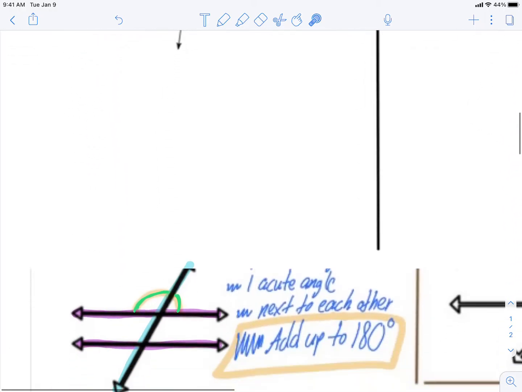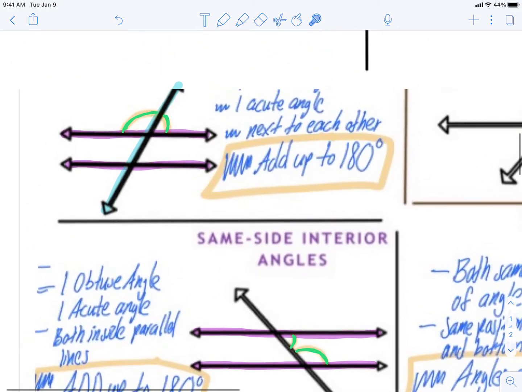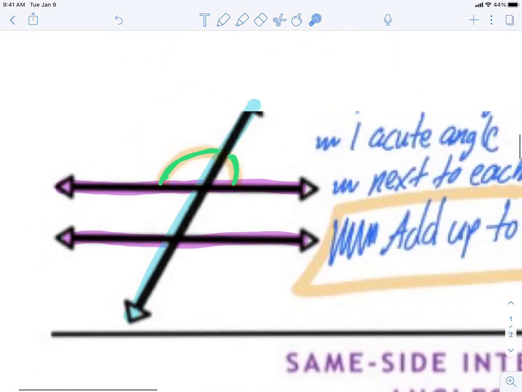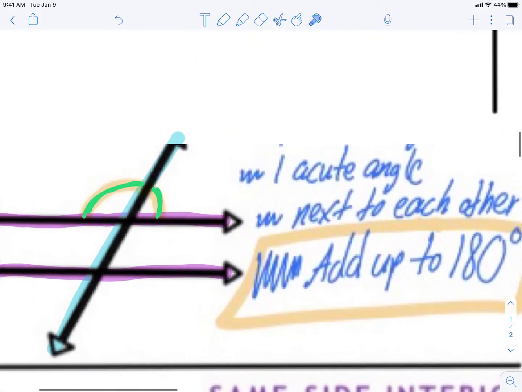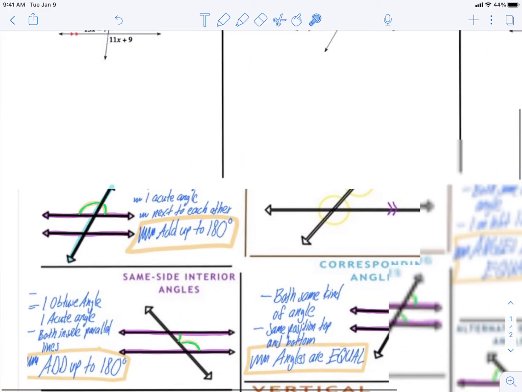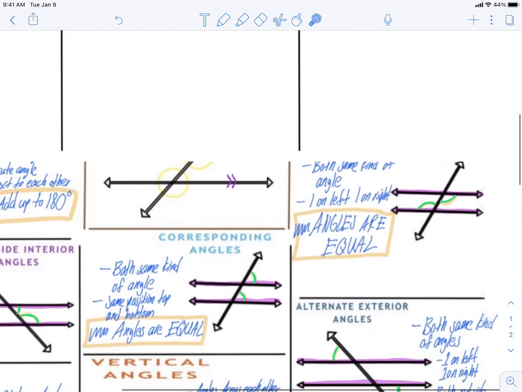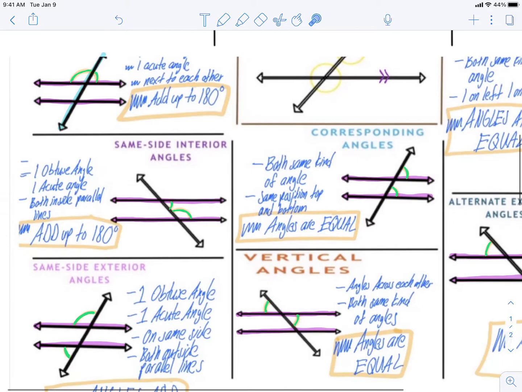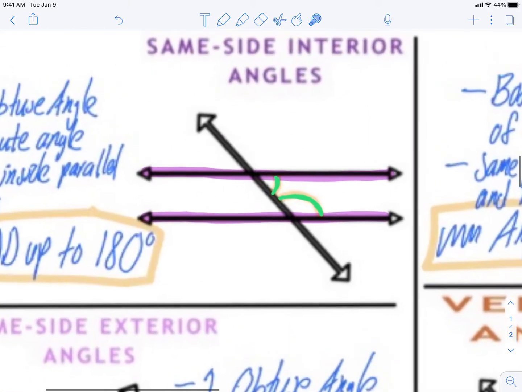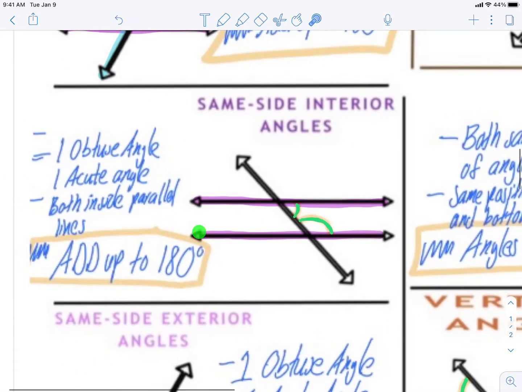So let's see. Let's look at our notes. So this first one here, well, automatically I know this isn't it, because look, this is out. They're both outside the double line, so that's not it. Is it this one? Well, let's see. Yes, look at that.